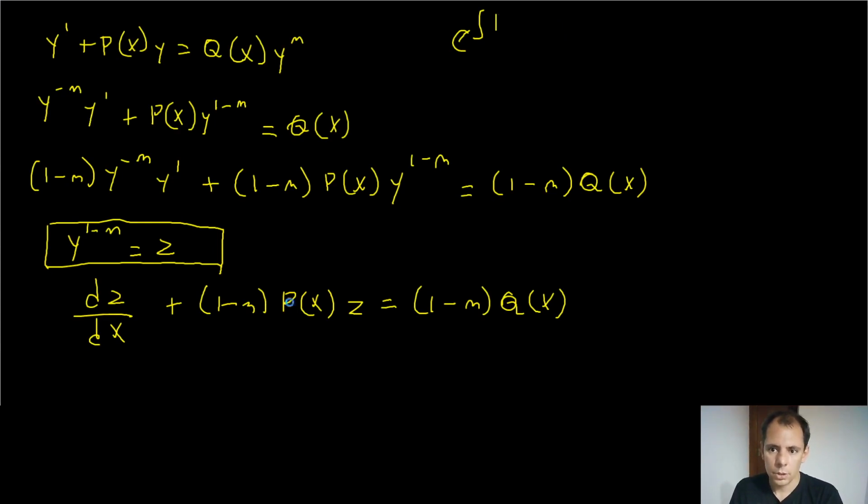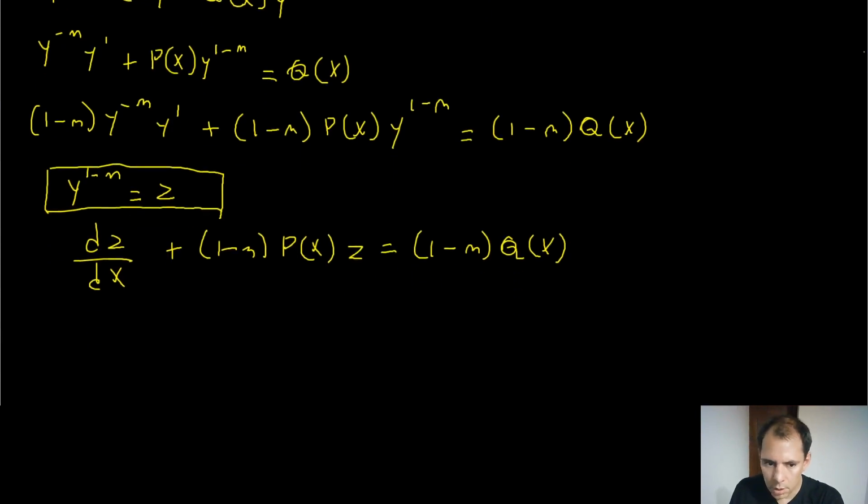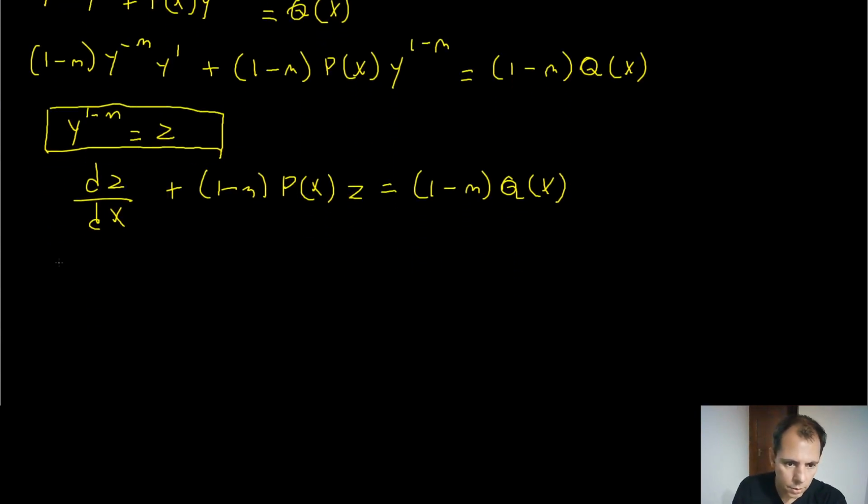So the integrating factor, let's say u, the new u of x is going to be e to the integral of 1 minus n times p of x dx.